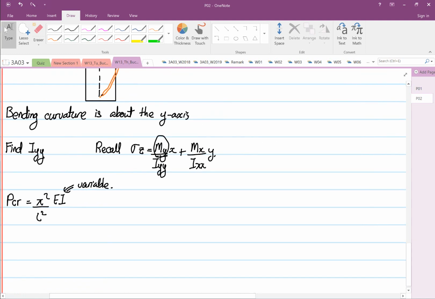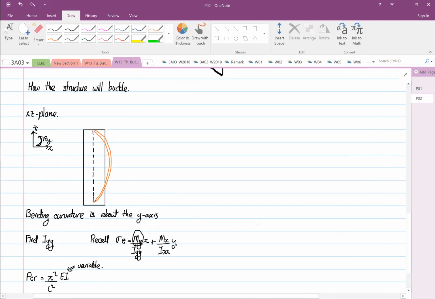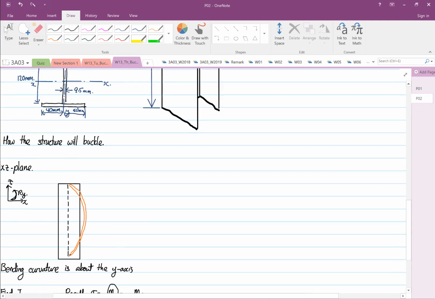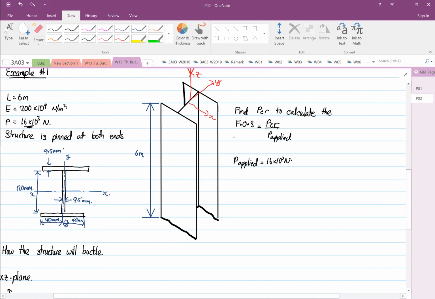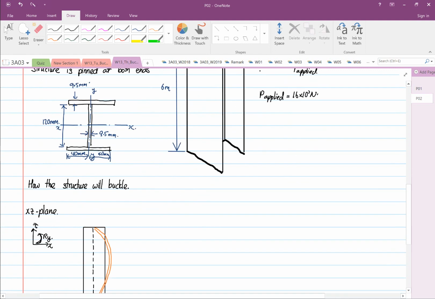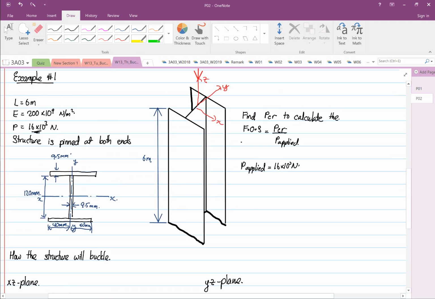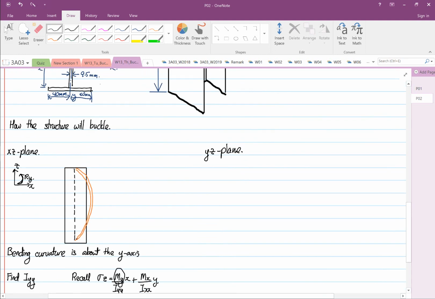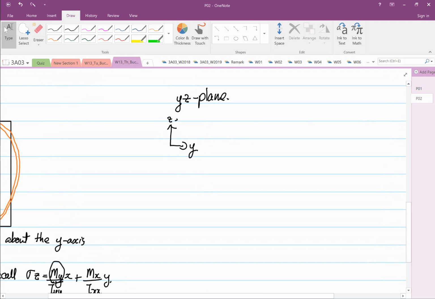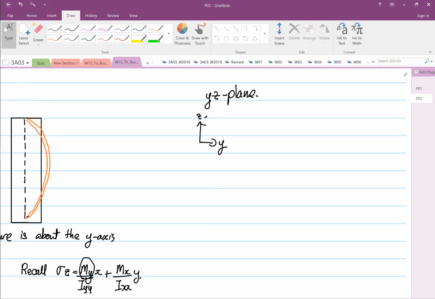Now, if we look at the other buckling direction, there's another possibility that it will buckle in the YZ plane. So now I'm going to draw a YZ plane. When you view this structure on a YZ plane, this is what we will see.